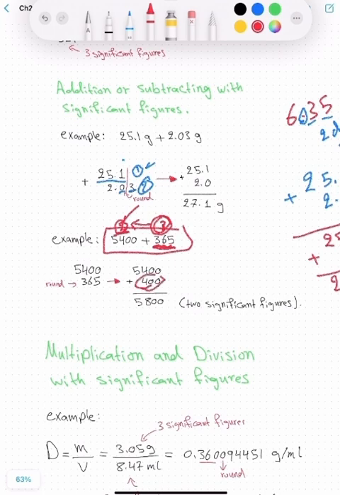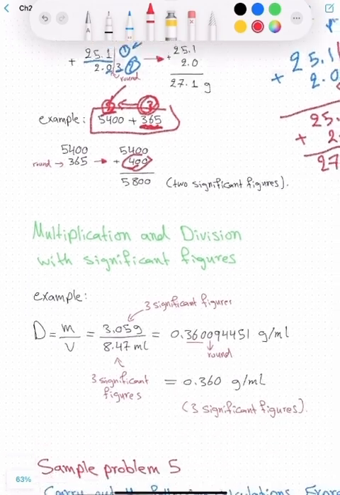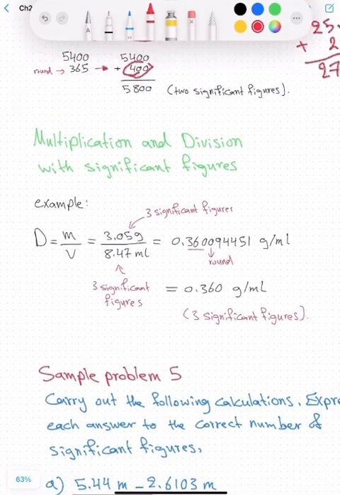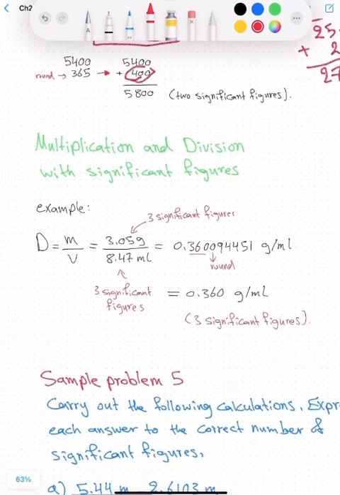then add them together. When you multiply or divide numbers, again, you have to be careful with significant figures. Let's say we divide these two numbers together. The first one has 3 significant figures. The second one also has 3. So the answer should have 3 significant figures. If you divide these two numbers, you will have this huge number with many significant figures.